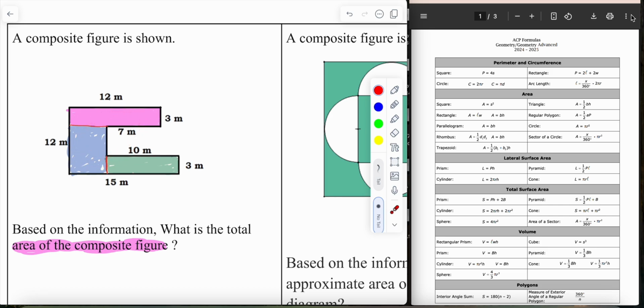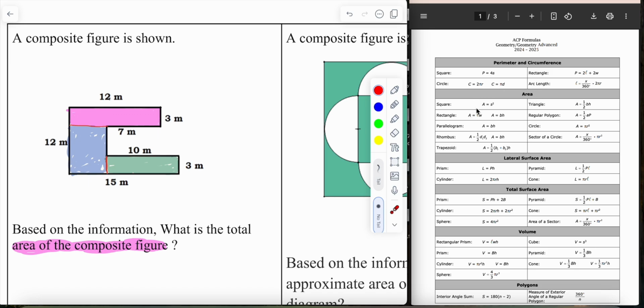So we're going to go to our formula sheet, and you're going to look where it says area. Be careful because you have area here and area here, but this is speaking about lateral surface area, and this one is speaking about total surface area. So we're not going to be using this one. We're only going to be using the one that says area.